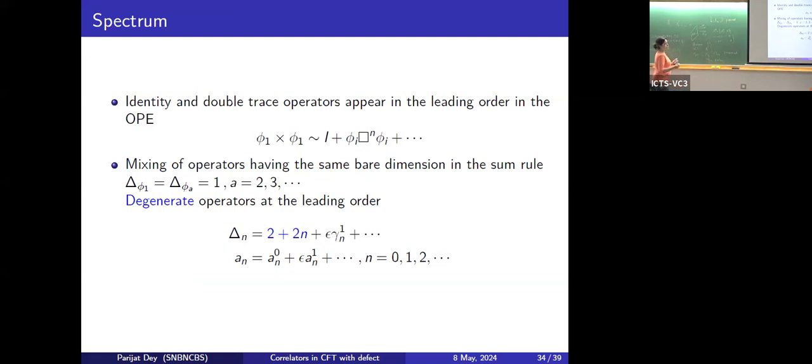So we have all these operators, and for different operators we have the same scaling dimension at 0th order. Here n is fixed.